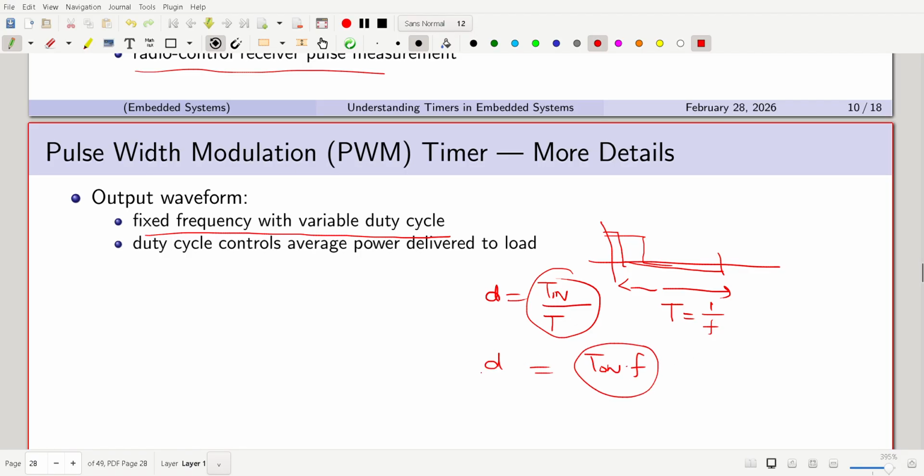This is dimensionless. The duty cycle controls the average power delivered to the load, so based on our T on time, power is delivered accordingly to the load side.